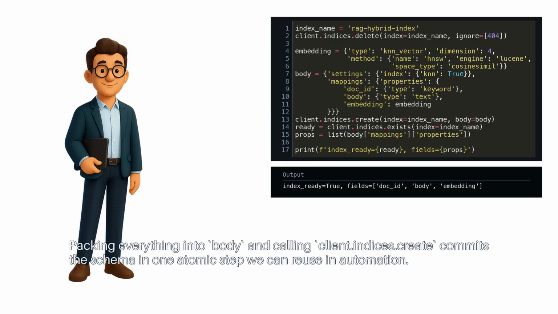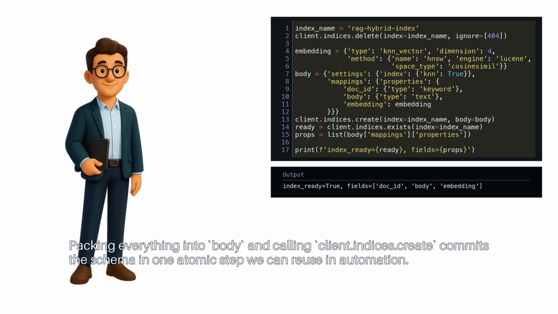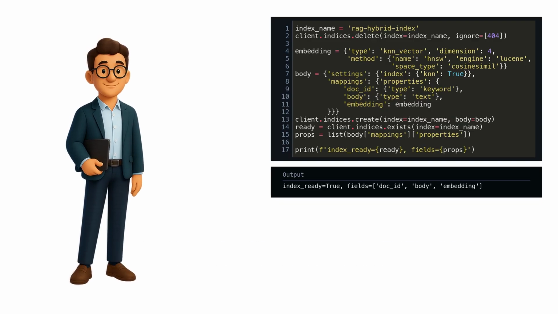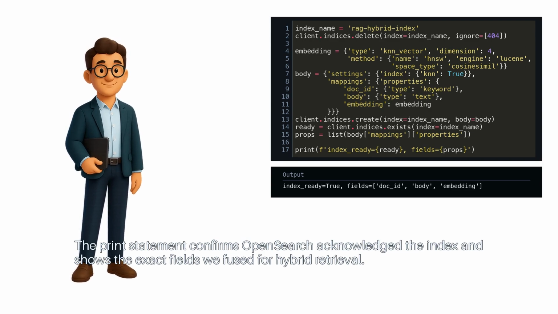Packing everything into body and calling client.indices.create commits the schema in one atomic step we can reuse in automation. The print statement confirms OpenSearch acknowledged the index and shows the exact fields we fused for hybrid retrieval.